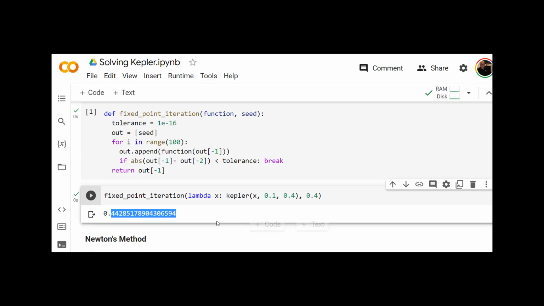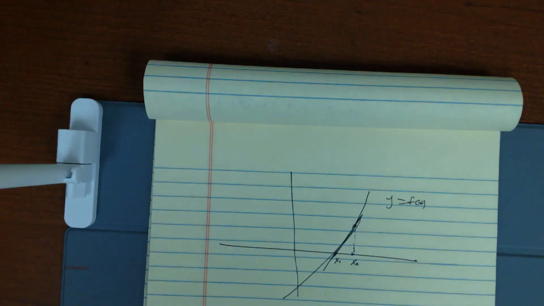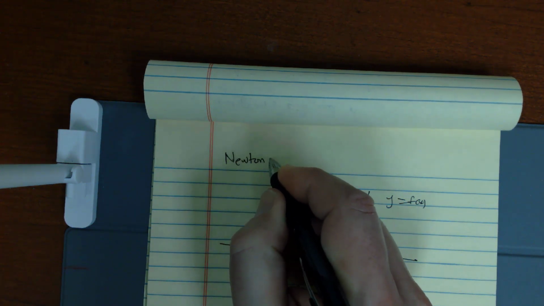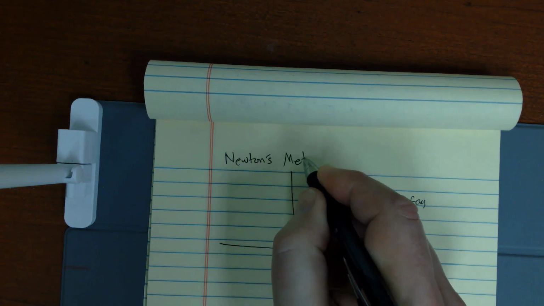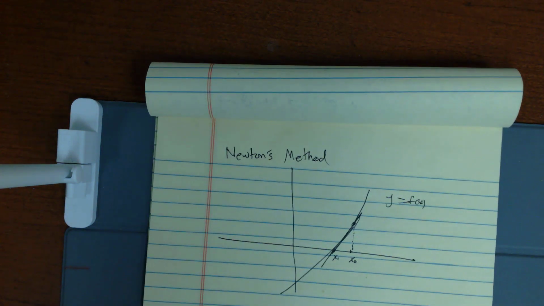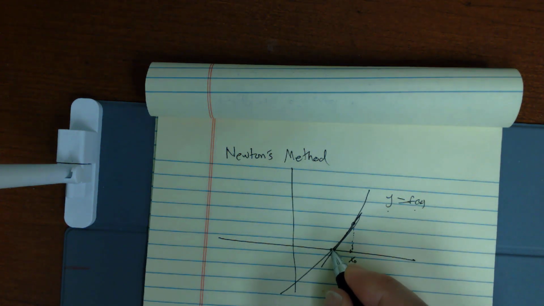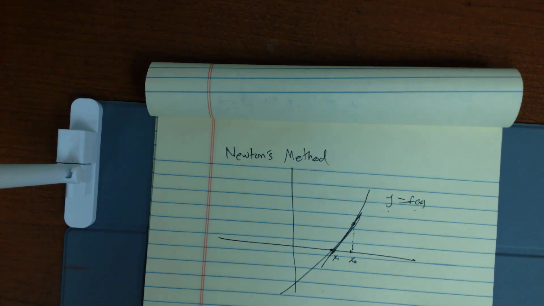I actually at this point really don't have any idea how accurate this is, and so for this I'm going to use another method called Newton's method. Okay, so Newton's method is a way to solve equations where we have some y equals f of x, and we find the place where f of x is equal to 0.